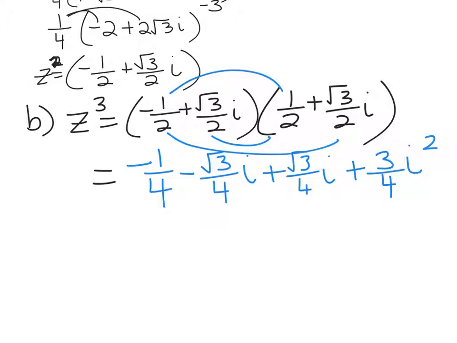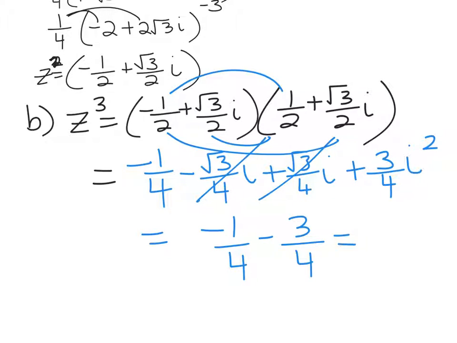We multiplied fractions and radicals and all this good stuff. Now the middle ones, as you see, they will cancel out. 3/4 i squared, what is that? Negative 3/4. So I have a negative 1/4 minus 3/4, and my answer is -1. So Z cubed is -1.